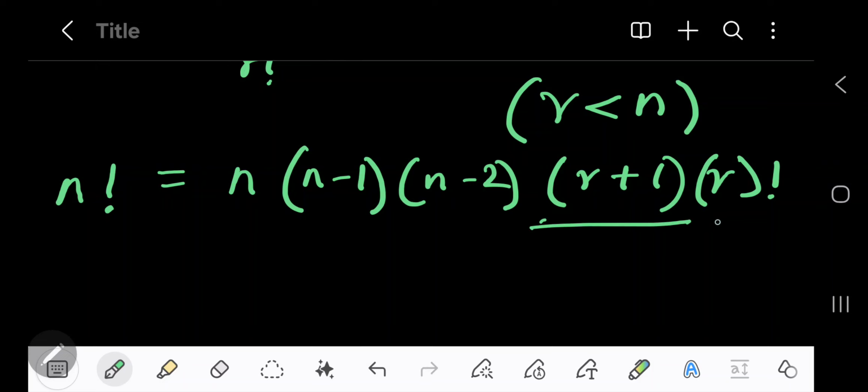So we can write (r+1) and r! in the series of n!. n! equals this.